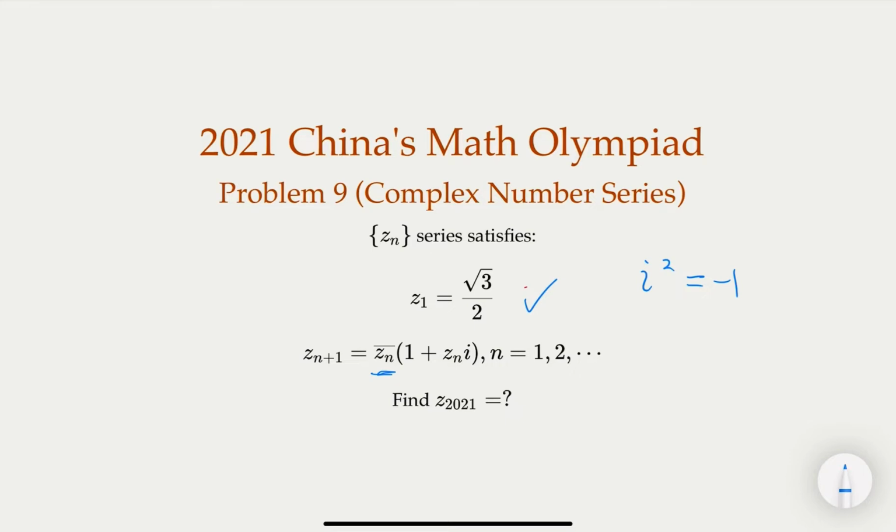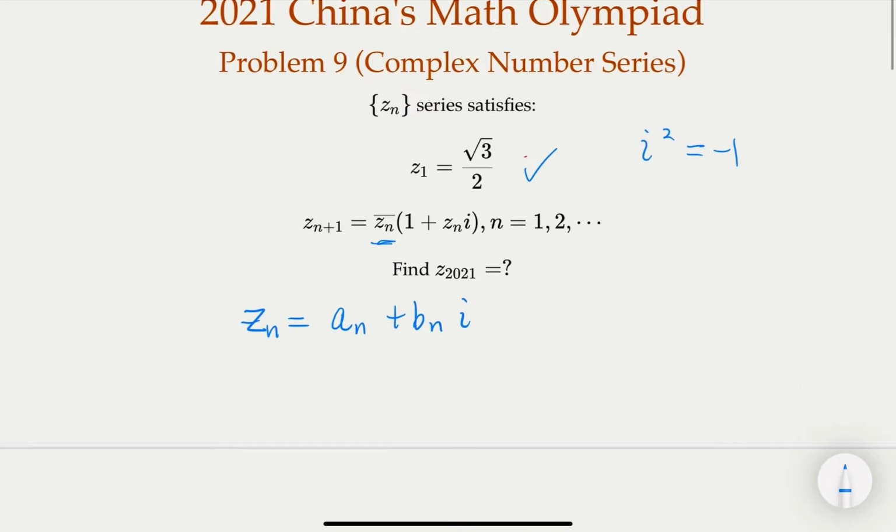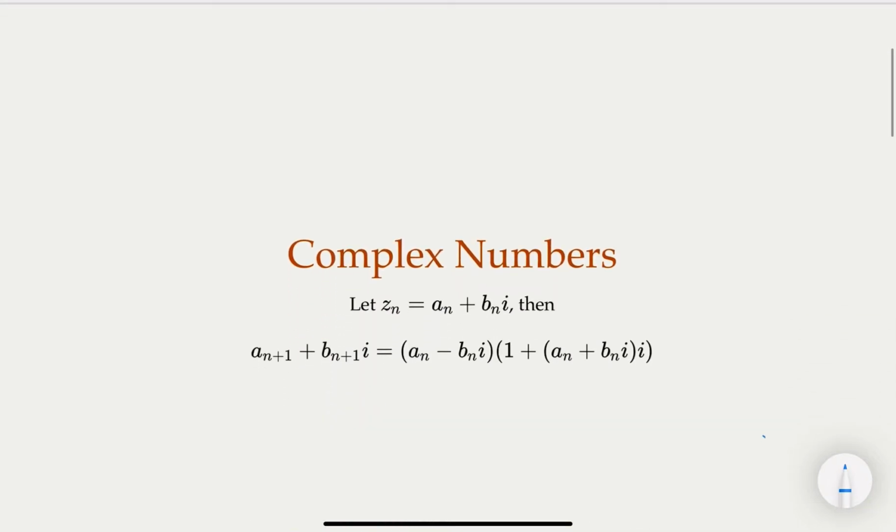So let's assume the nth term is an plus bn i, where a and b are real numbers. This is the standard representation of a complex number. When we do that, the recurrence relation becomes the following. The first one is the (n+1)th term, and this one is the complex conjugate, where you change the sign of the imaginary part.